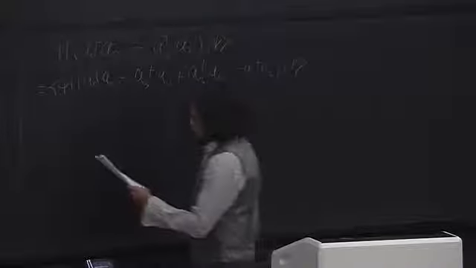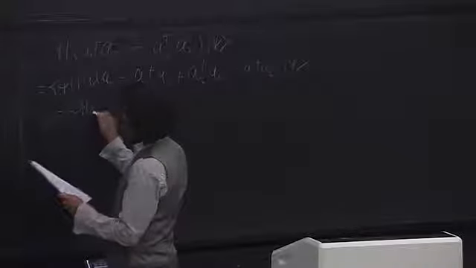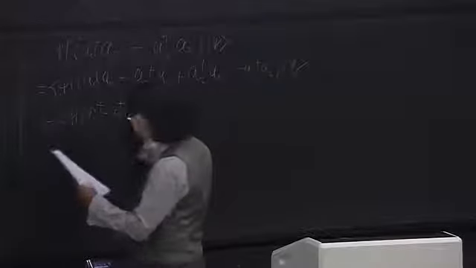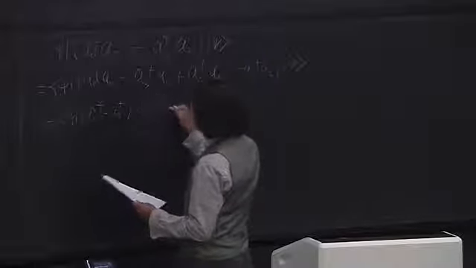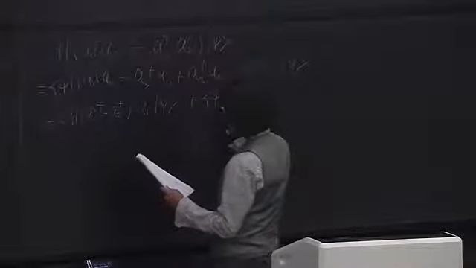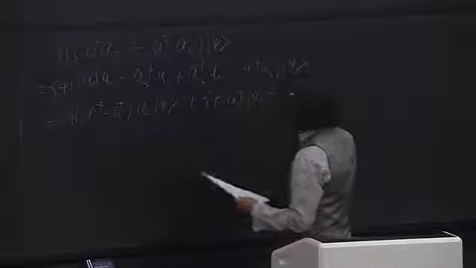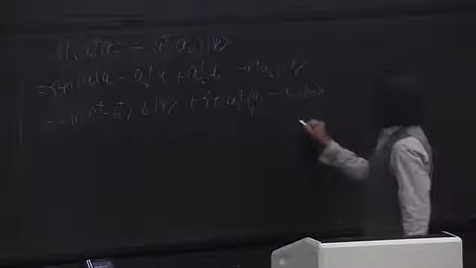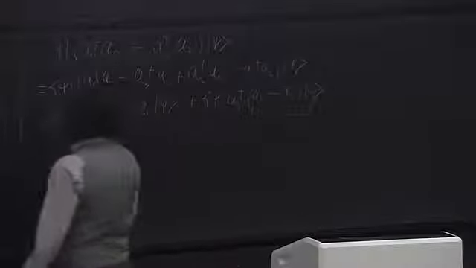So I'm doing very simple algebra, but it's worth doing. And then we can write this as A0 dagger minus A3 dagger times A0 plus A3 dagger, A0 minus A3 acting on psi. So this thing is 0, and this thing is 0, meaning that this whole thing is 0.